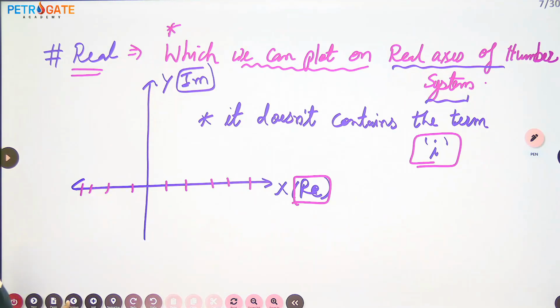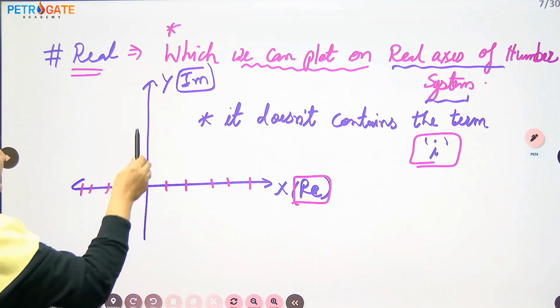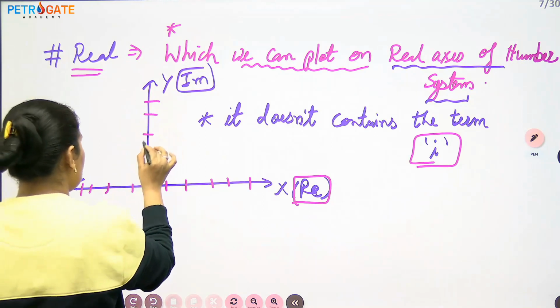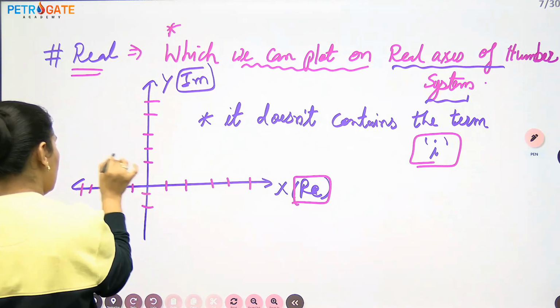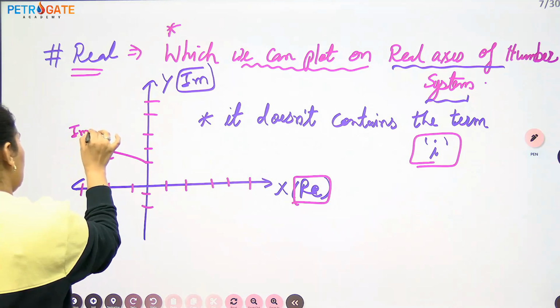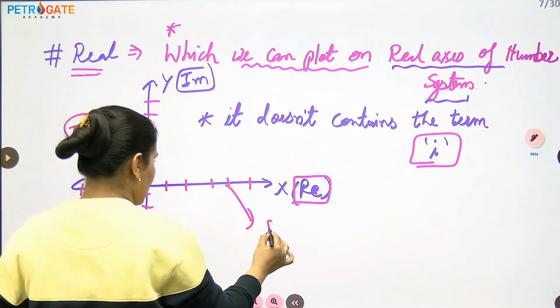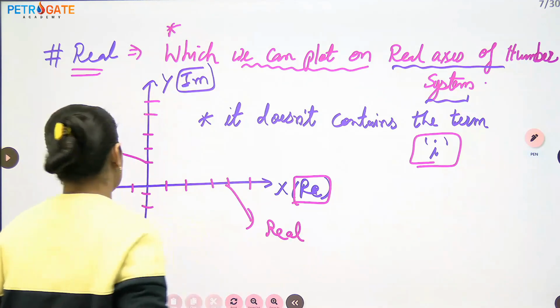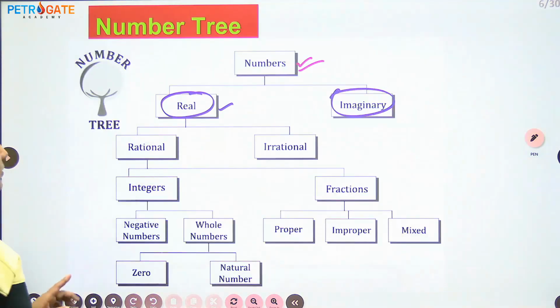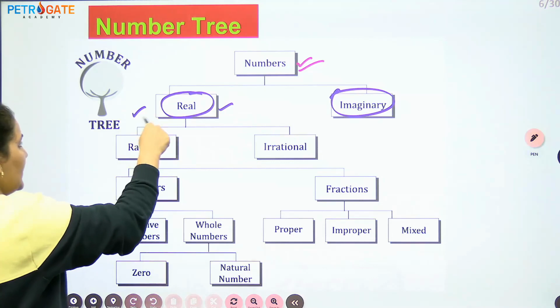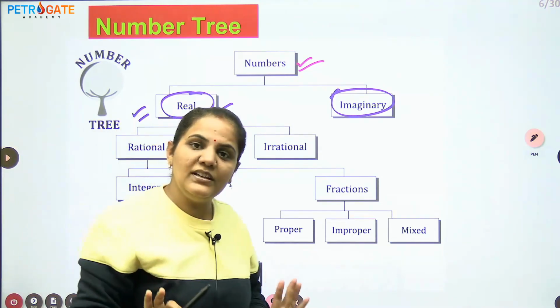These are very basic things. When any number can be plotted on the imaginary axis, we say those numbers are imaginary numbers. If we can plot any number on the real axis, those numbers are called real numbers. Clear? Now here we are going to have discussion on only and only real numbers. Why?